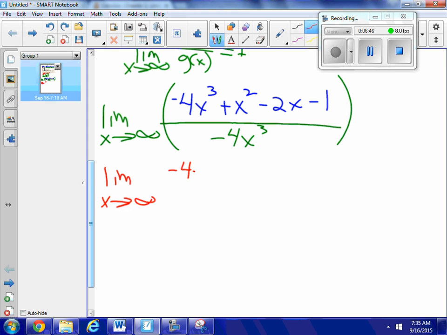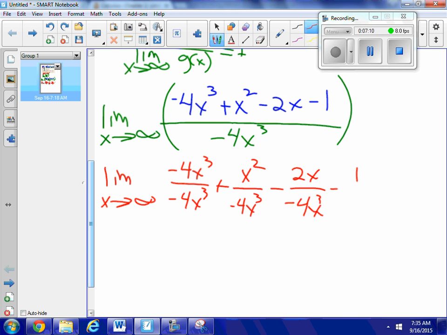negative 4x cubed divided by negative 4x cubed plus x squared divided by negative 4x cubed. All I'm doing here is separating out the common denominator, making it separate little terms, minus 2x divided by negative 4x cubed minus 1 divided by negative 4x cubed.